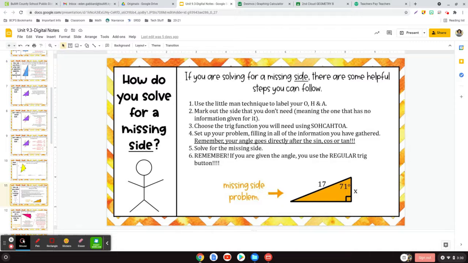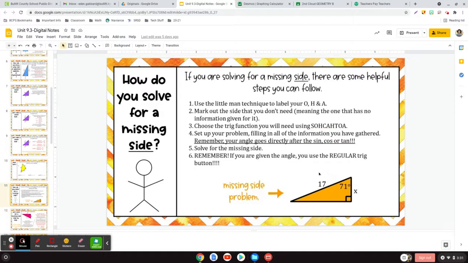Mark it out. We're not worrying about it. We then choose the trig function that we will need using SOH CAH TOA. Remember, SOH stands for sine equals opposite over hypotenuse, CAH stands for cosine equals adjacent over hypotenuse, and TOA stands for tangent equals opposite over adjacent. So each one of these has a meaning.